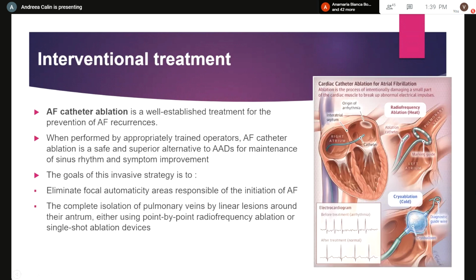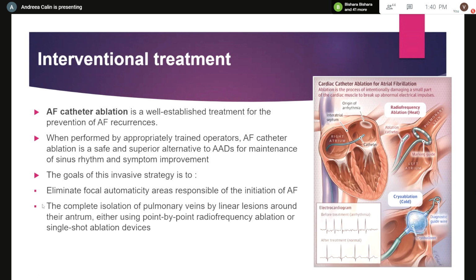The interventional treatment in atrial fibrillation includes catheter ablation, which is a well-established treatment for the prevention of atrial fibrillation recurrences. The goal of this strategy is to eliminate the foci of automaticity responsible for the initiation of AF.